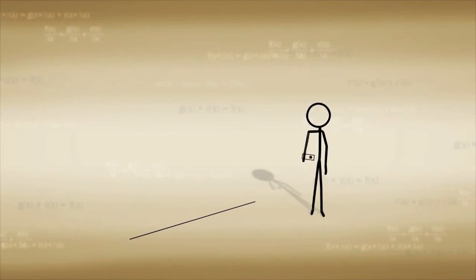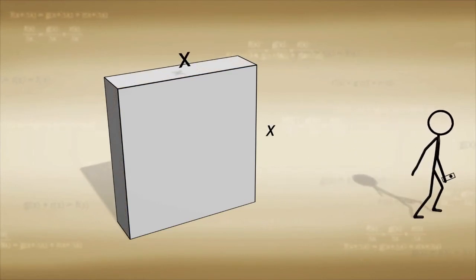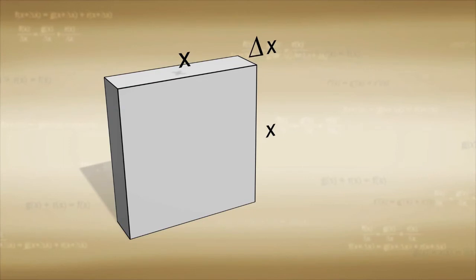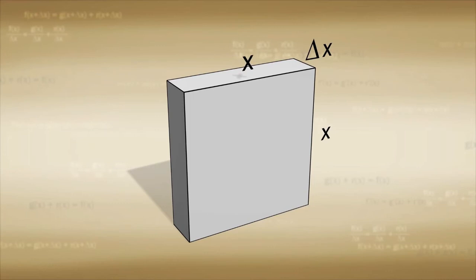The next type of volume is the one with 2 x-length sides of different dimensions and one delta x-length side of a unique dimension. In order to figure out how many such volumes there are, we must consider only how many surfaces with 2 unique x-length sides of different dimensions exist.